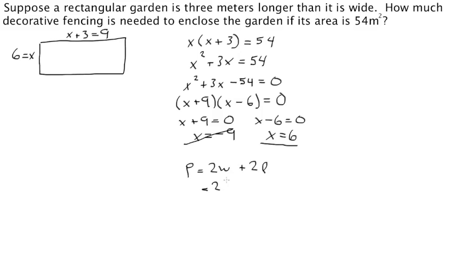So 2 times 6 plus 2 times 9, that is 12 plus 18. So that's going to be, let's see here, 20, 30. So our final answer is 30 meters. In order to enclose our little garden, we need 30 meters of decorative fencing.